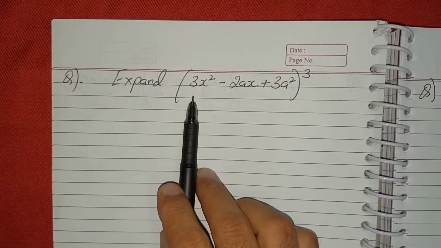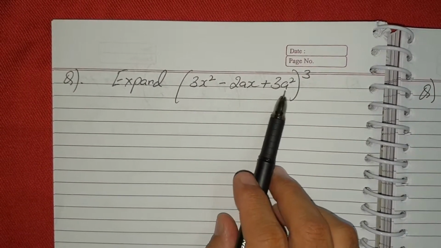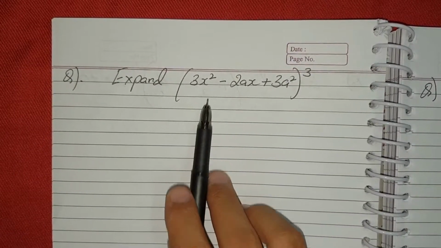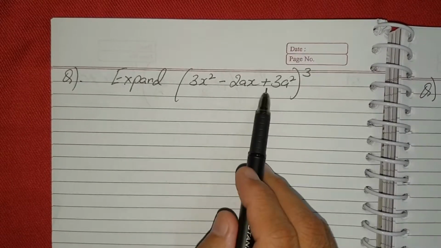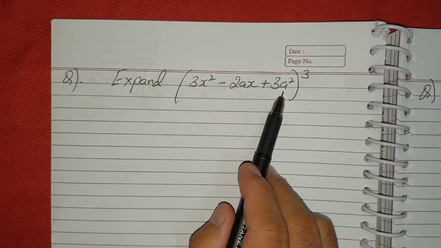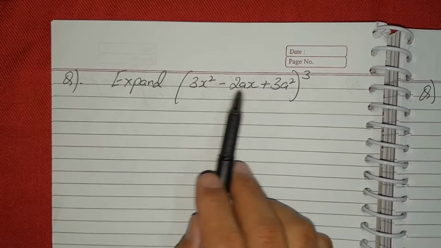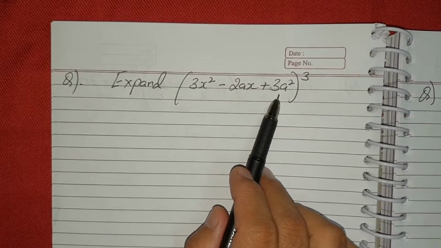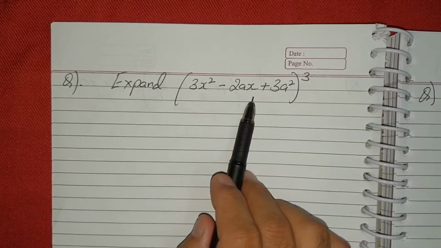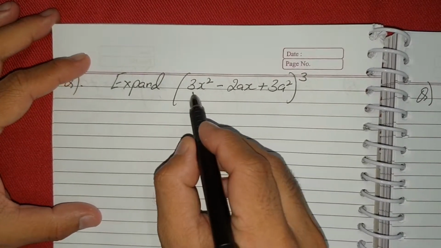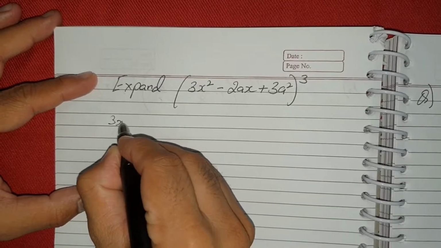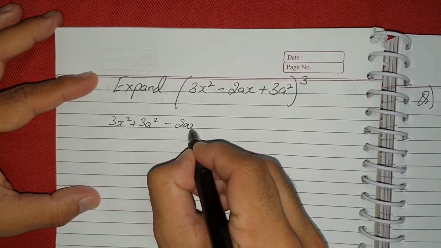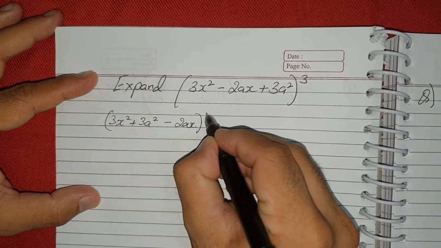Now, expand (3x square minus 2ax plus 3a square) whole cube. First of all, in this case we have to rearrange. We will take 3x square and 3a square and then take 3 common from them, such that this will be 3(x square plus a square) minus 2ax, whole cube.